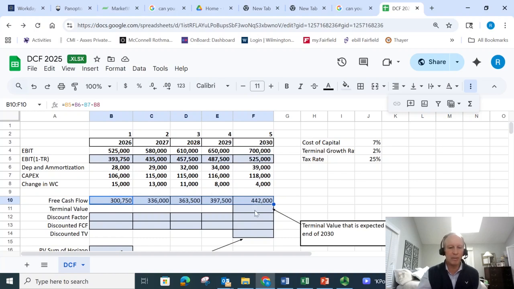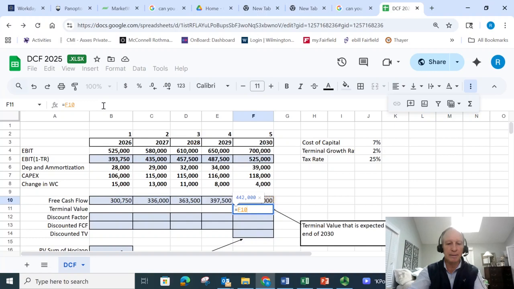The terminal value, recall that formula. That's going to be, take this final year free cash flow, and I'm going to multiply that number by 1 plus the growth rate. The terminal growth rate, this is the G, this is the 2%.